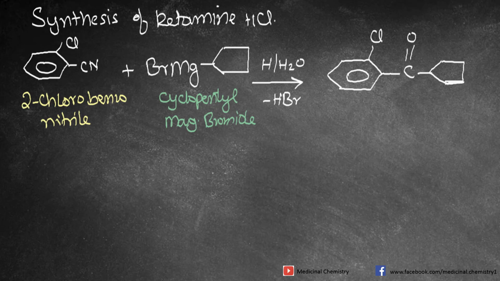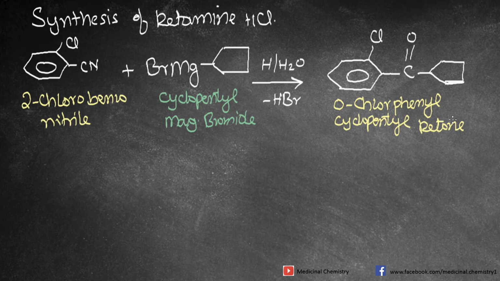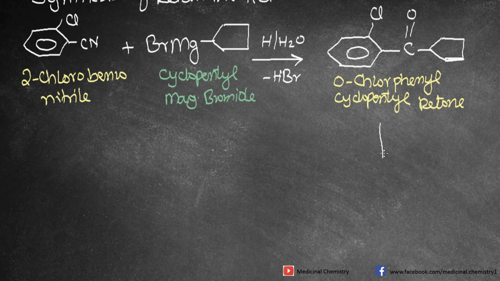cyclopentyl. Now this compound is an intermediate of the ketamine synthesis, known as 2-chlorophenyl cyclopentyl ketone, because of the cyclopentyl ring and the carbonyl oxygen. I hope this makes it easy for you people.